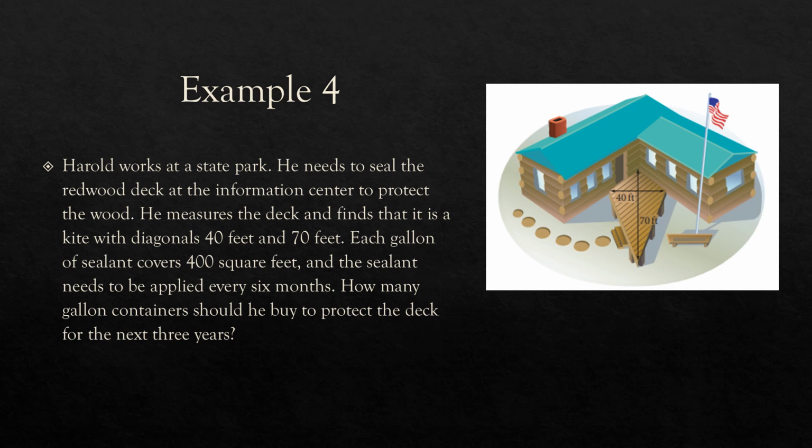Each gallon of sealant covers 400 square feet, and the sealant needs to be applied every 6 months, or twice a year. How many gallons should he buy to protect the deck for the next 3 years? So let's figure out what the area is, and then how many gallons we need to cover the area, and then multiply that by how many times he needs to paint it over 3 years.